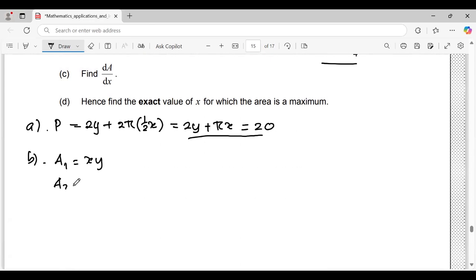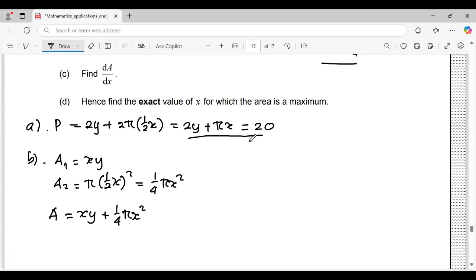The second area is the area of one circle, pi times radius half x squared, which is 1/4 pi x squared. And the total area is xy plus 1/4 pi x squared.